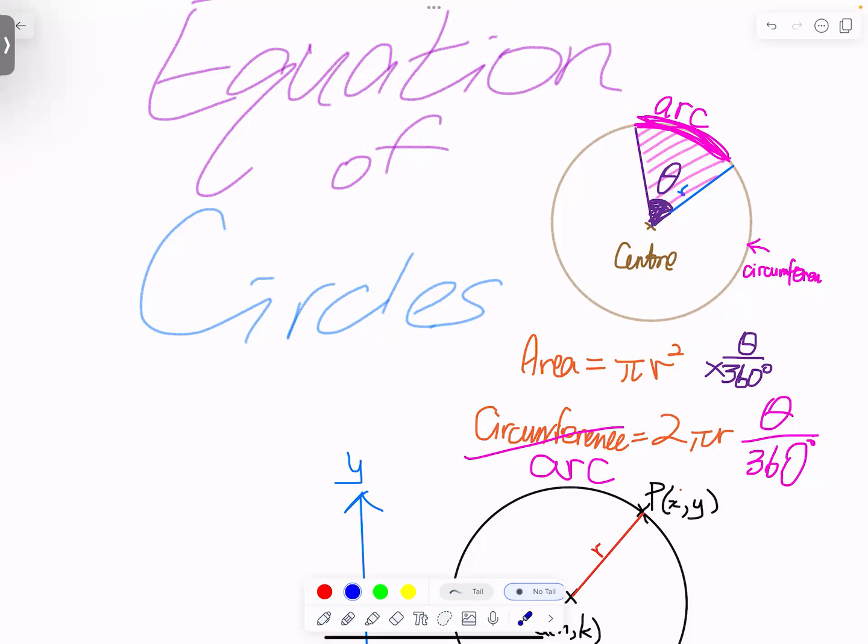This is just some basic information you need to know, because in the equation of circle topic they ask you 3 to 4 things in just one single question, and you need to do it within 2 minutes. This is a long question, I mean, a question that requires more steps.